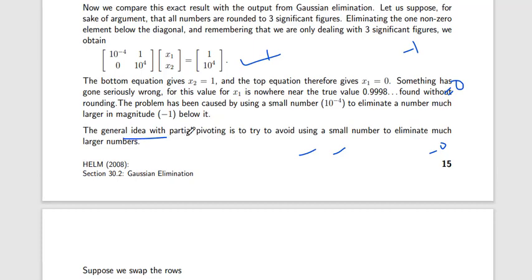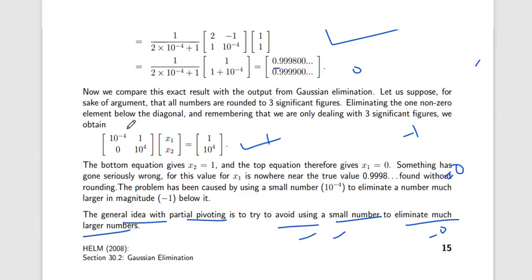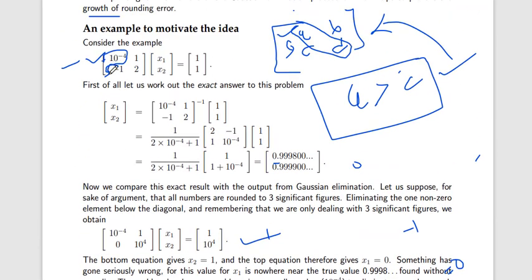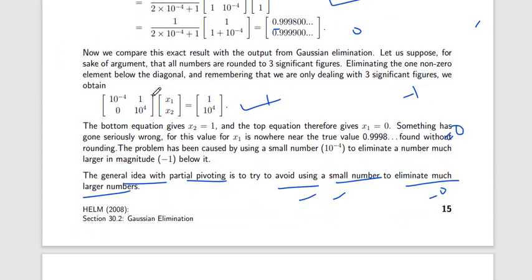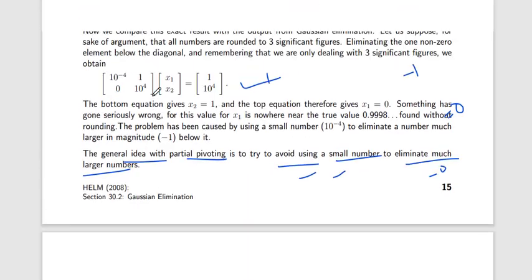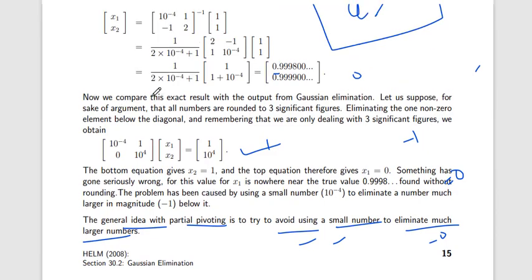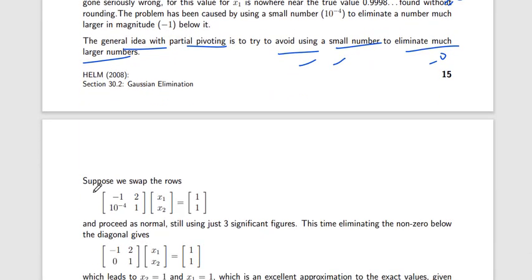The general idea with partial pivoting is to try to avoid using a small number to eliminate a much larger number. Here minus 1 is a larger number and with Gaussian elimination we eliminate this number using the smaller one, so we try to avoid that. In partial pivoting we swap the rows.